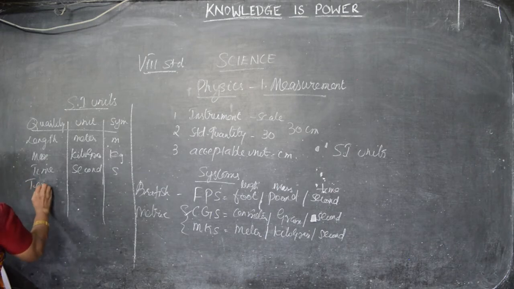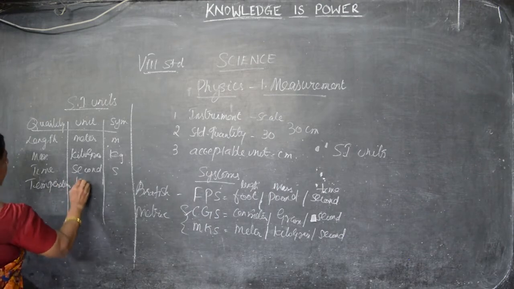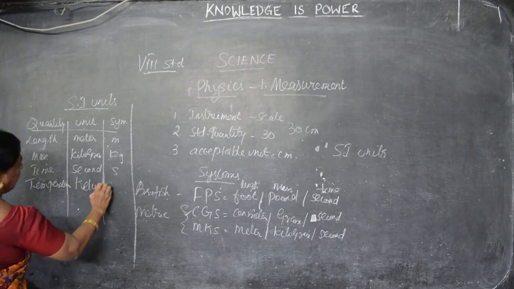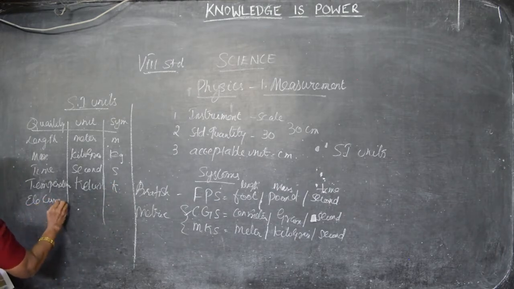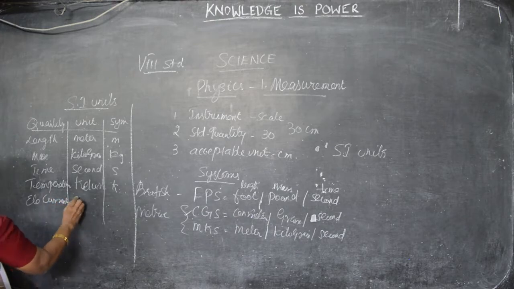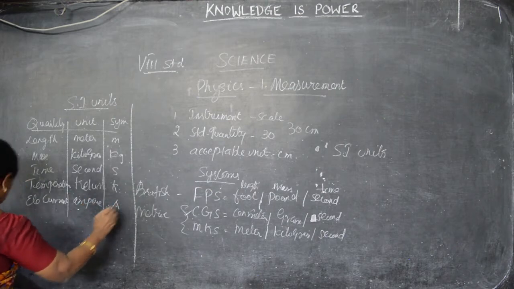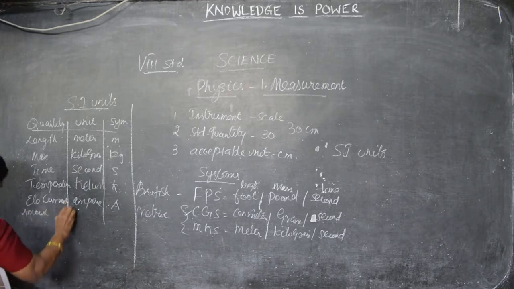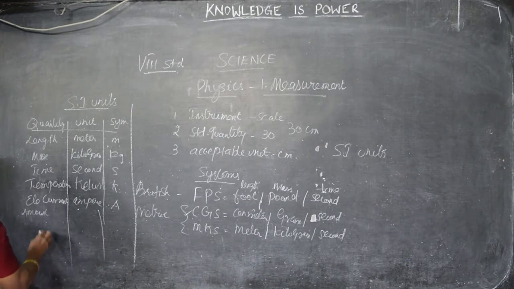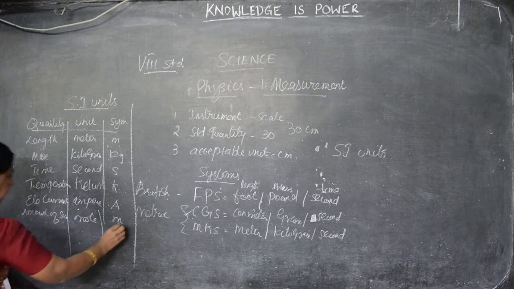Next one is temperature. We have to find out how hot or cold the body is. For temperature, we are using Kelvin. The unit is Kelvin, and the short form is K. Then electric current, the unit is ampere, and the short form is A. Then amount of substance, that is mole, the symbol is MOL.